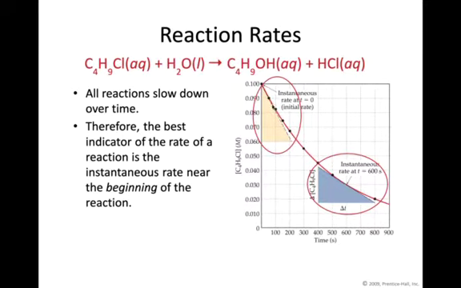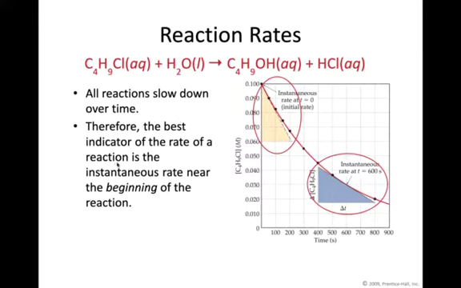The slope of this line here is fairly steep, indicating that our rate is fairly fast, and then the slope starts to decrease as we go. We're using up reactant. There's less and less concentration of our reactant, so there's going to be fewer collisions, and our rate's going to slow down as we start to use up our reactant and our reaction proceeds.